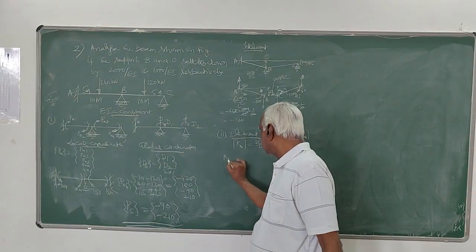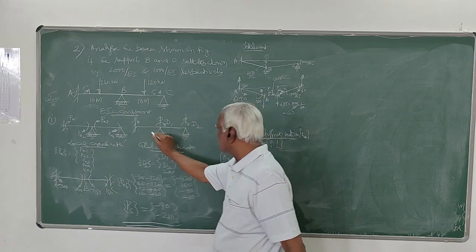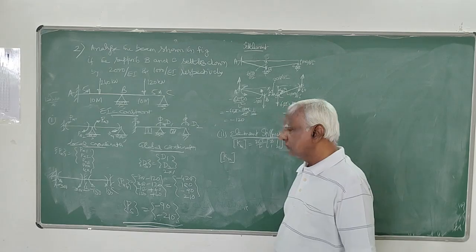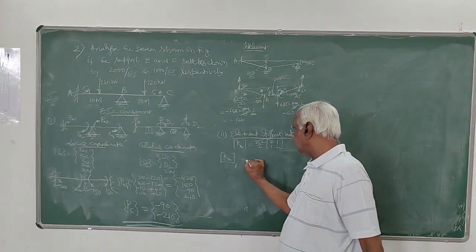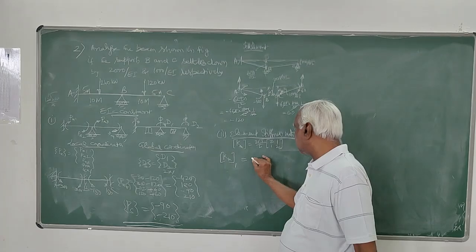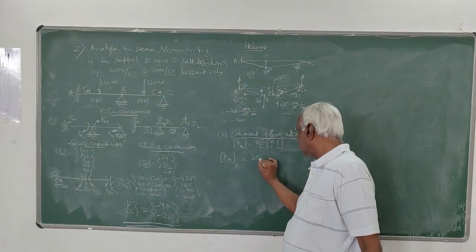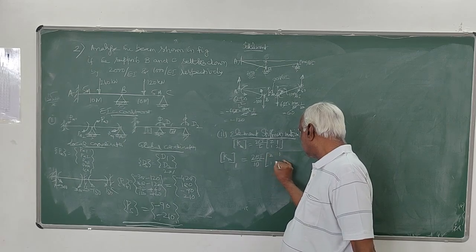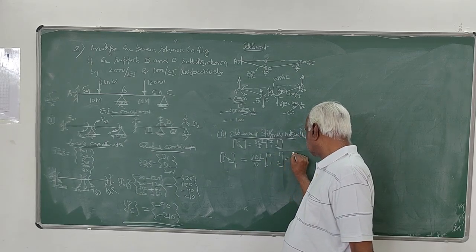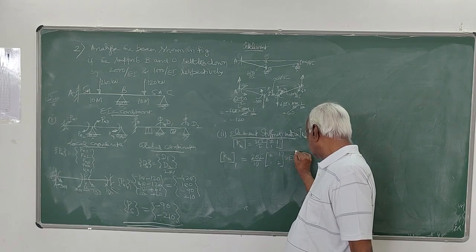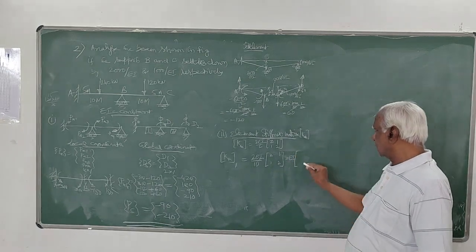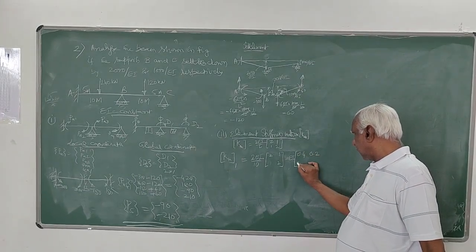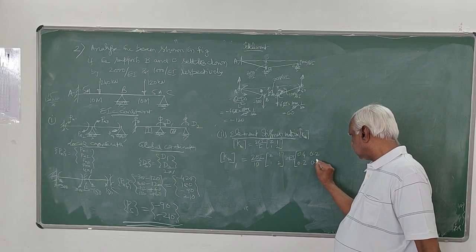So Km for the first element, second element. For the first element, Km is 2EI divided by L, L is 10, times 2, 1, 1, 2. So this is EI into 0.4, 0.2, 0.2, 0.4.